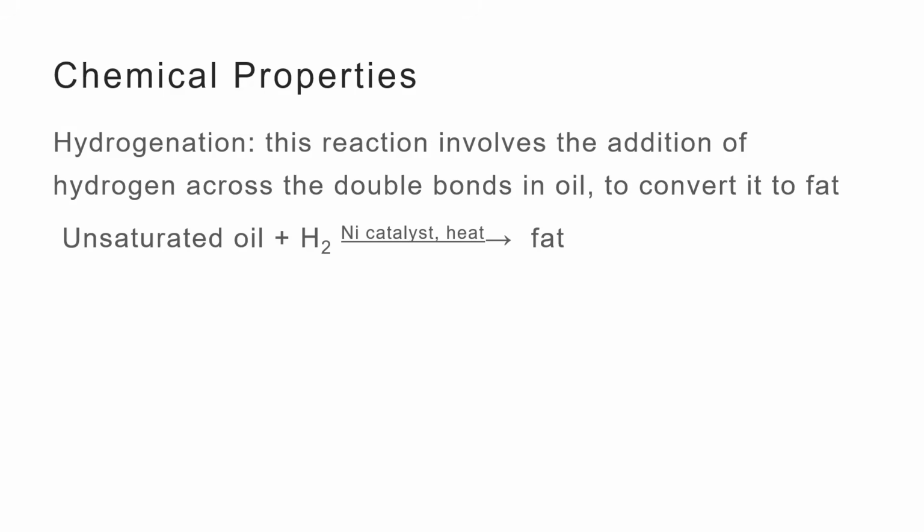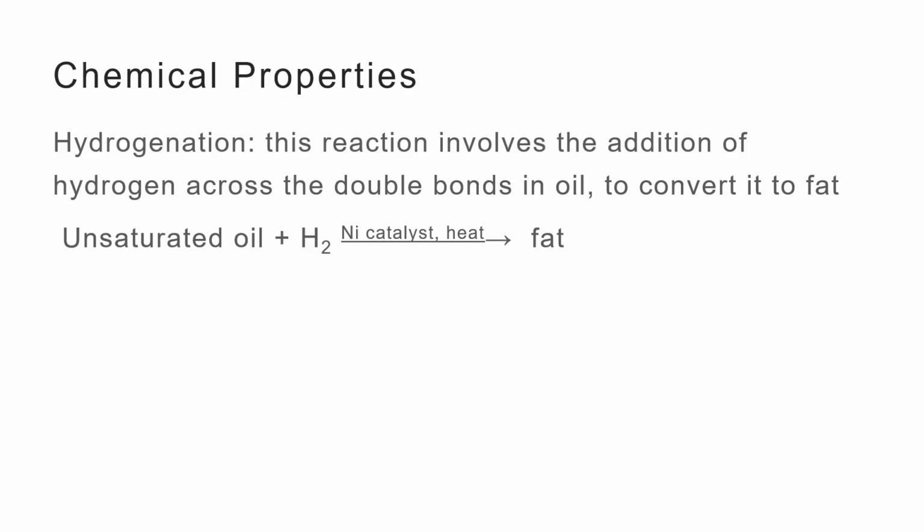So when the unsaturated oil is hydrogenated with nickel as catalyst at temperatures of about 170, 180 degrees centigrade, we are going to get fat. That means we are going to end up with a solid, starting with liquidy oil. We are going to end up with a solid fat.